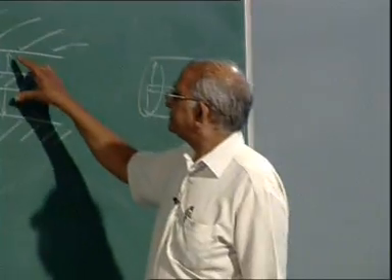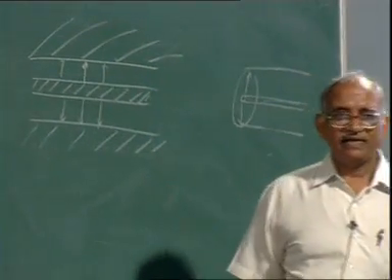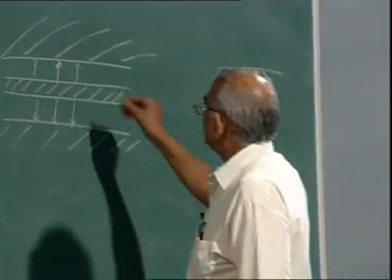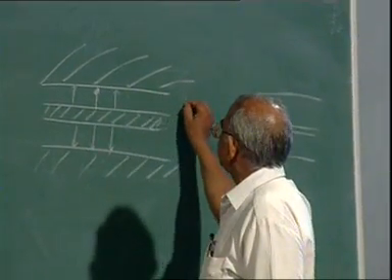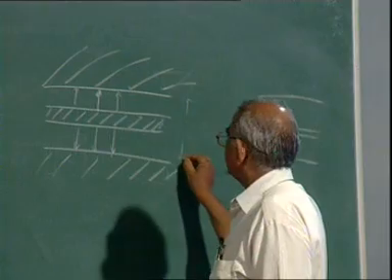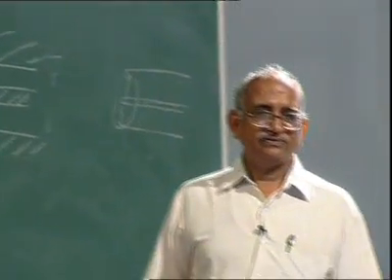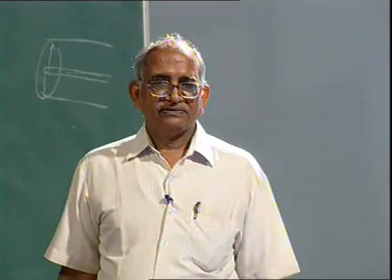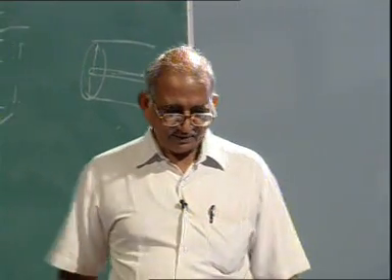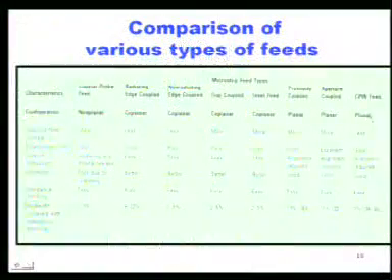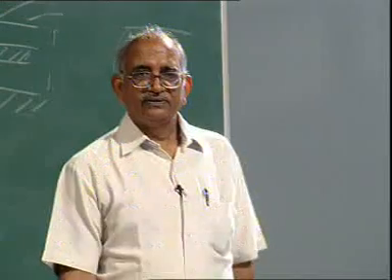The field distribution over here and here is likely to radiate, but because the electric field in this case is in this direction and here it is in this direction, they are oppositely directed. So, the net radiation is 0. That is why in the CPW feed, although it is planar in nature, the spurious radiation is less.